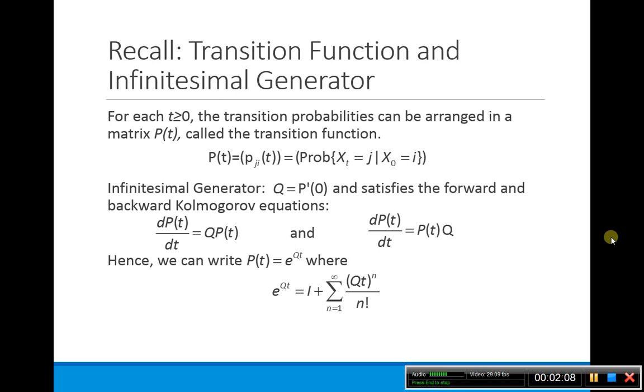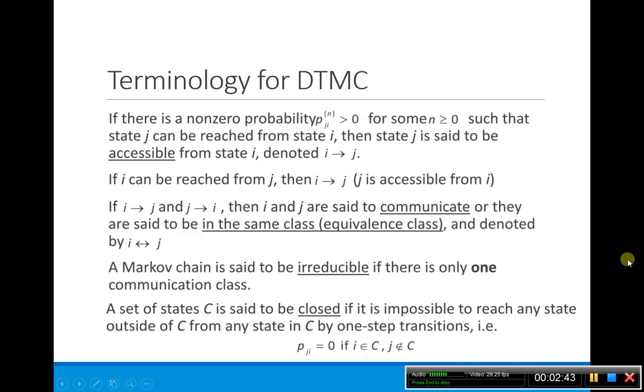The way it's related to our transition function is that our infinitesimal generator Q is equal to P prime of 0. It also satisfies these differential equations: dP/dt is equal to QP and dP/dt is equal to PQ. And so, if we know our Q, then we can find our transition function by just saying it's e to the Qt. And we talked about some different ways of finding e to the Qt in the previous lecture.